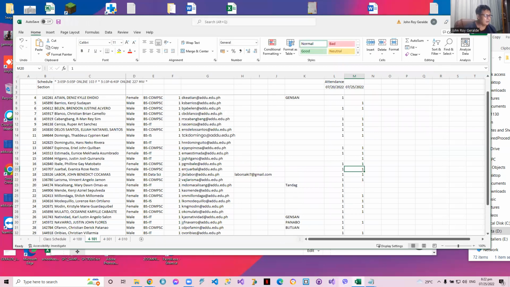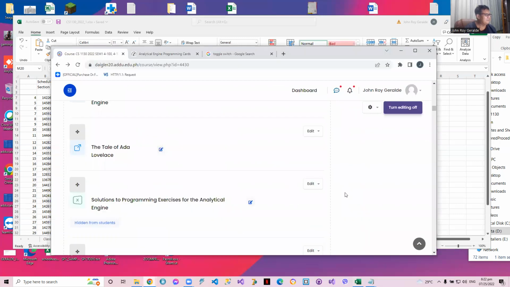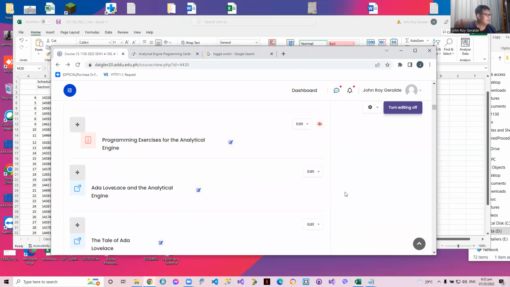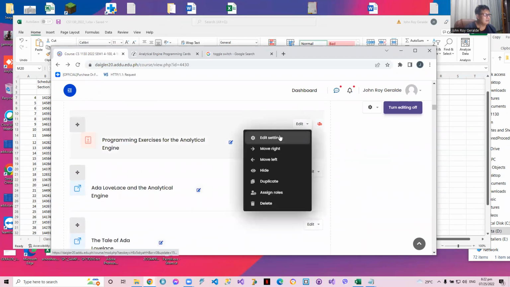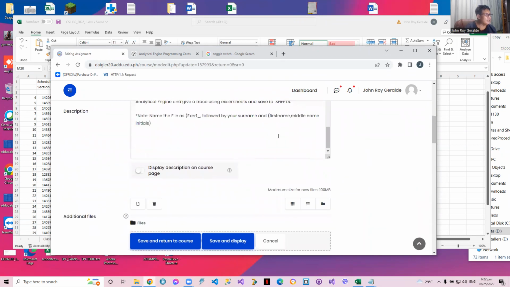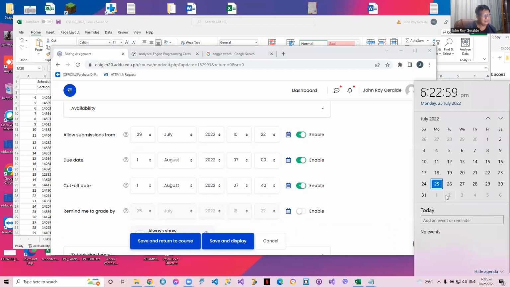So, i-open ko na pala na Friday pala ang opening, but Friday ang deadline. Bukas ko na lang i-open, no? Para sabay kayo dun sa other class. Okay?